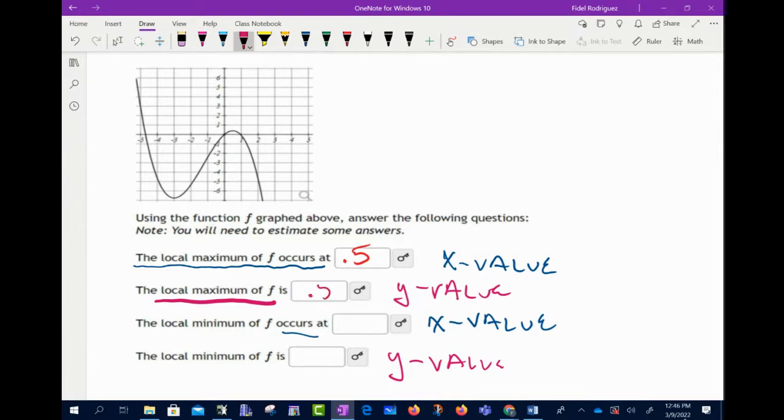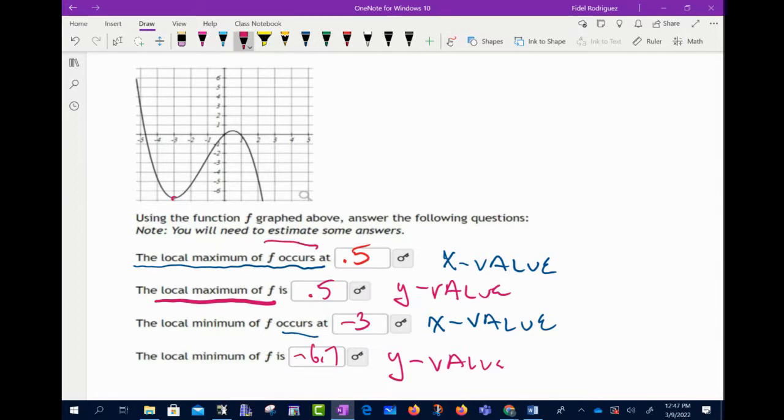Okay, let's go with 0.5. Local minimum. The local minimum of f occurs at what? Remember, we're looking for the X value. What's the X value here? Very good, -3. What is that local minimum? -6.5. Okay, -6.7, right?